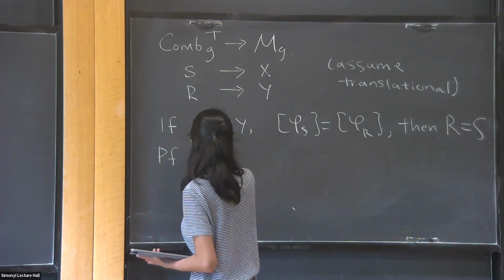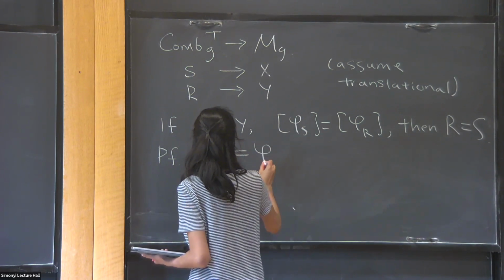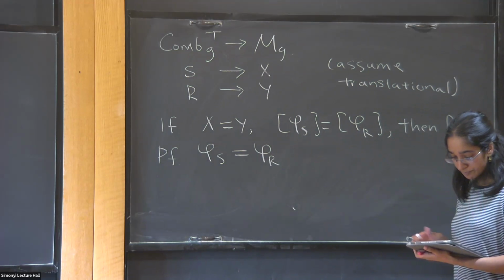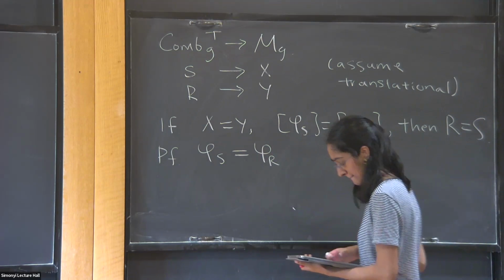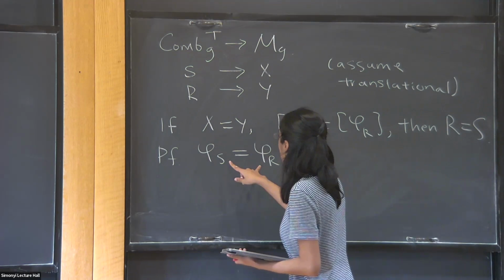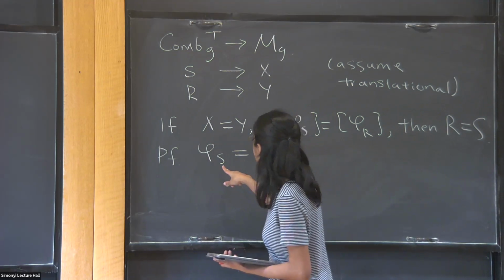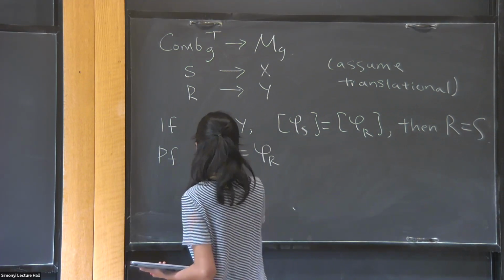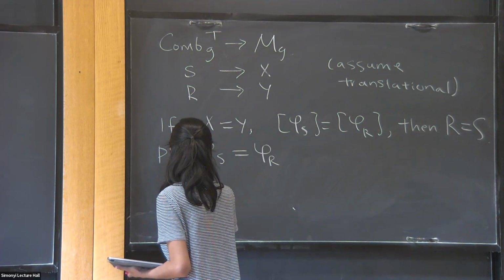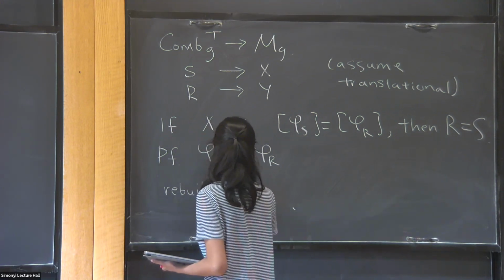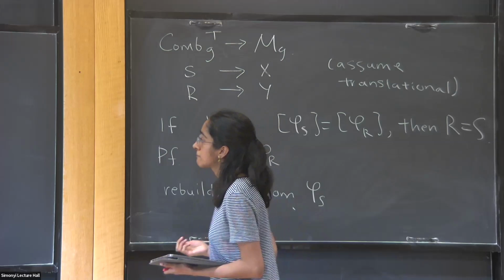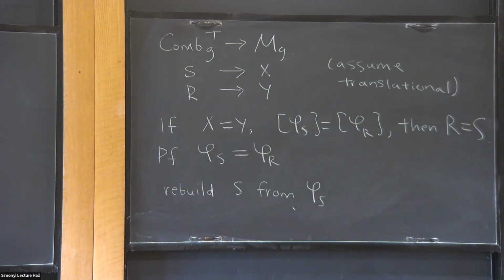So this means that phi S equals phi R. And now what I claim is that you can rebuild the triangulation S from phi S. How can I rebuild?